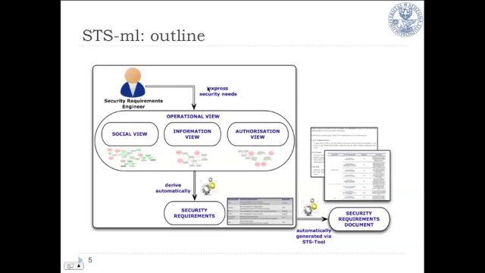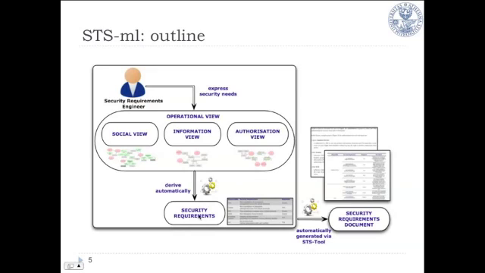And we allow the expression of security needs of the kind that I just explained through the example. And once the modeling is done and all the security needs are captured as we talk with the stakeholders, we can automatically derive the set of security requirements for the given socio-technical system that we're trying to design. Then the language has tool support.